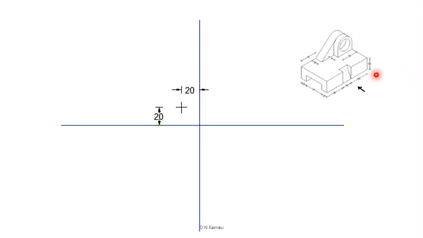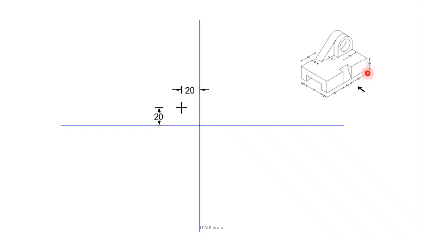So given that this is the drawing that we want to put in place, and we have gotten our point, which is 20 negative and 20 positive. This plus sign here gives us the exact location, our Cartesian point, where we are going to place this corner.